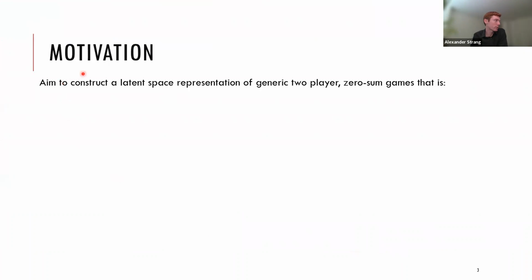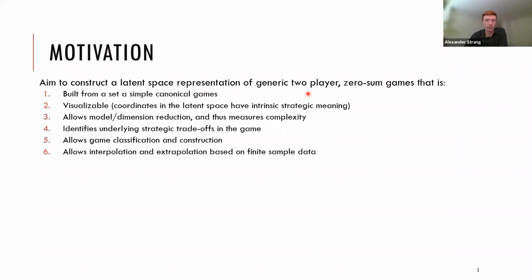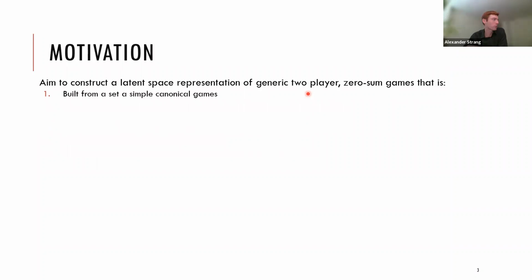So the motivation for this talk, our goal is to construct a latent space representation of generic two-player zero-sum games that satisfy a list of design criteria. I'll walk you through these one by one. First, we aim to represent some arbitrary, potentially very complicated game as a combination of simpler canonical games, where we can control the properties of those simple games, and in particular, where each of those simple games is visualizable.